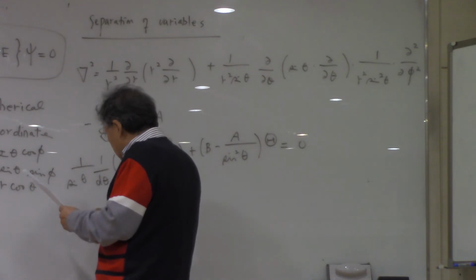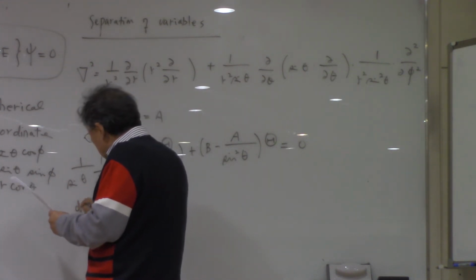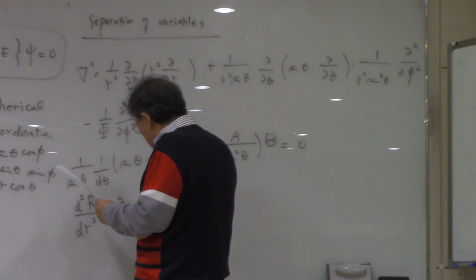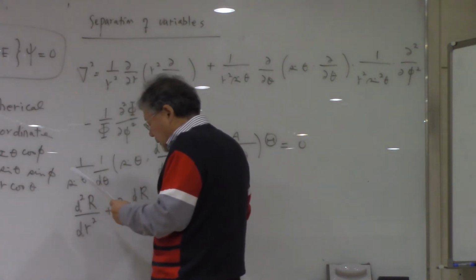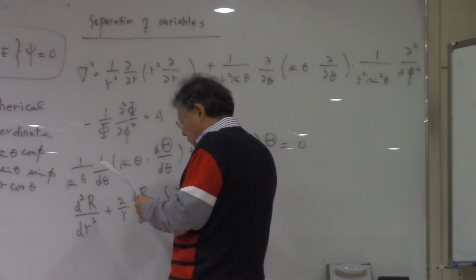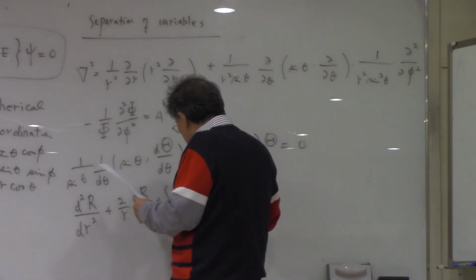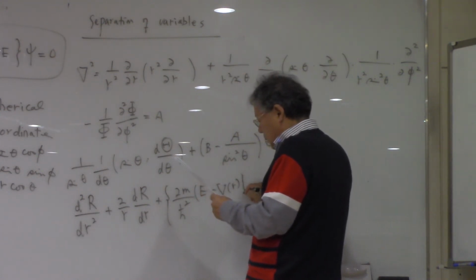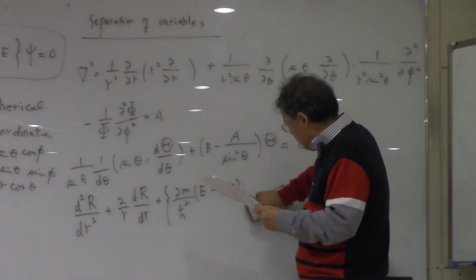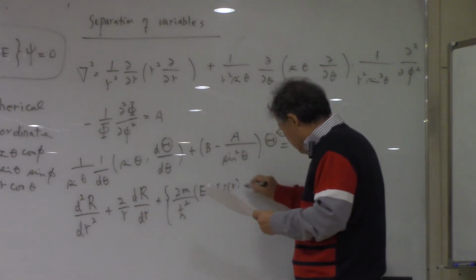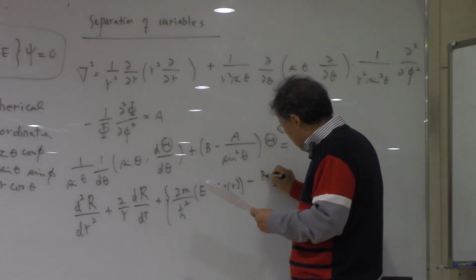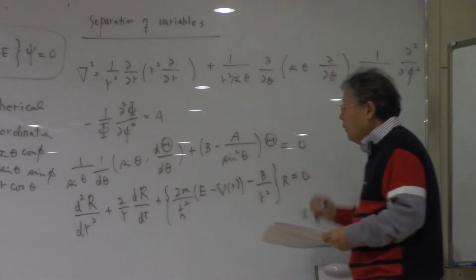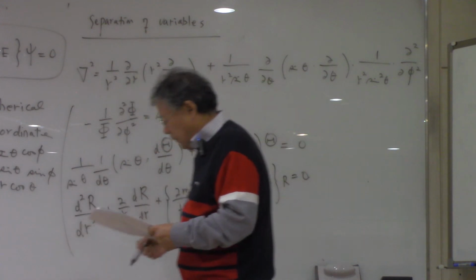And then finally, d squared r over dr squared plus 2 over r dr, plus 2m over h bar squared times E minus potential, minus b over r squared, R is equal to 0. We'll have 3 equations.